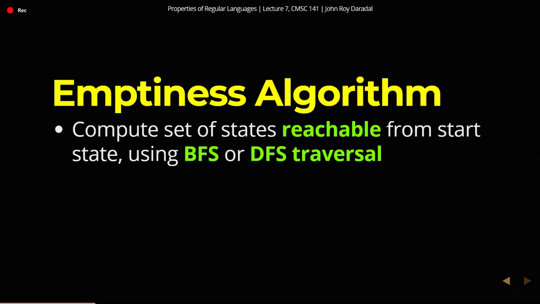So for the algorithm to find out if it's empty or not, we'll compute the set of states that are reachable from the start state using BFS or DFS traversal.